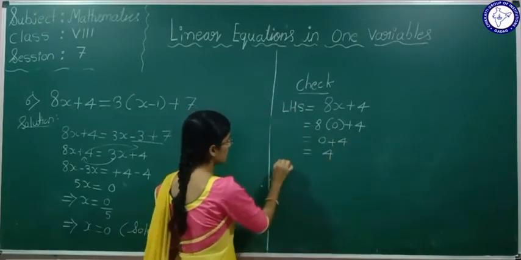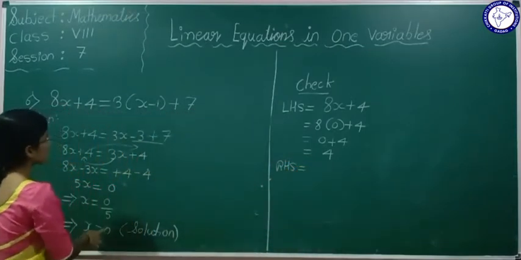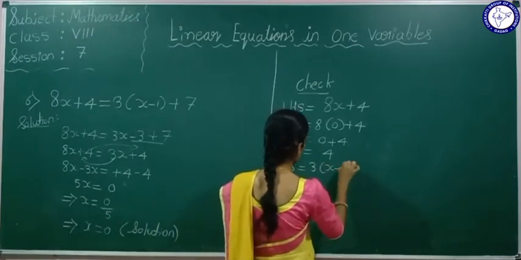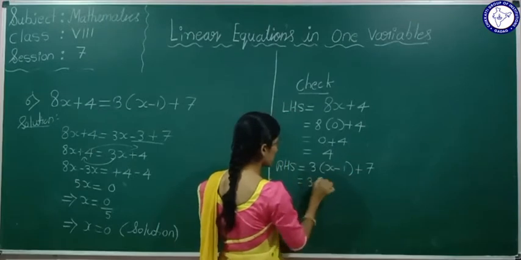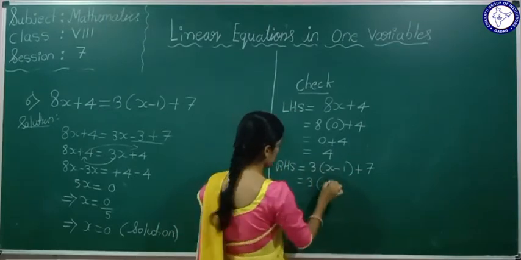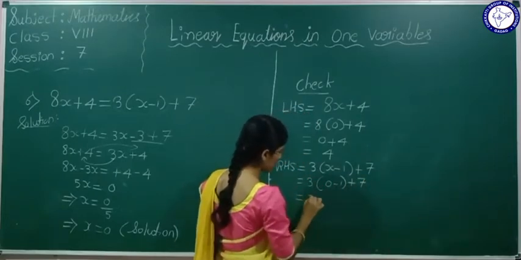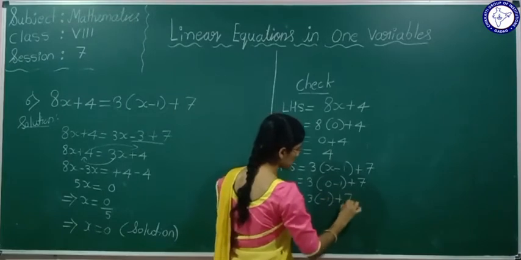Again substitute the same value in RHS. What is that? 3 multiplied by x minus 1 plus 7. What x value we got? 0 minus 1 plus 7. 0 minus 1 is minus 1 plus 7.